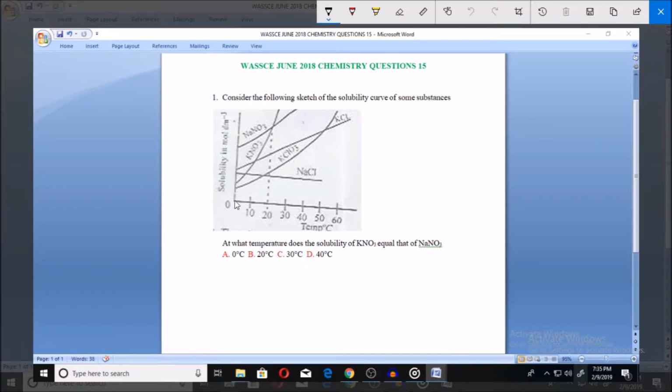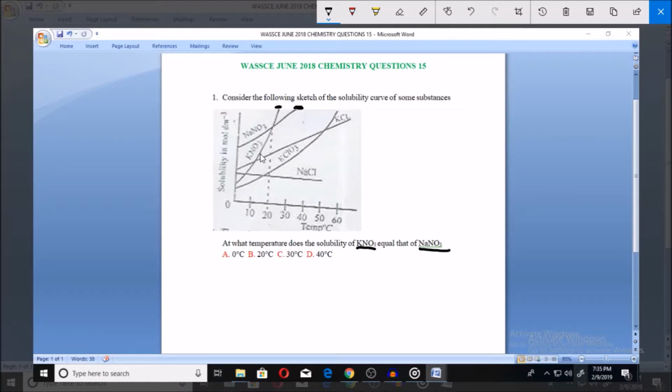Now, if you look at the solubility curves, you're going to identify where there is an intersection between the solubility curve of the KNO3 and that of the NaNO3. So you can see that this is NaNO3, this is the curve. Then for KNO3, this is the curve.